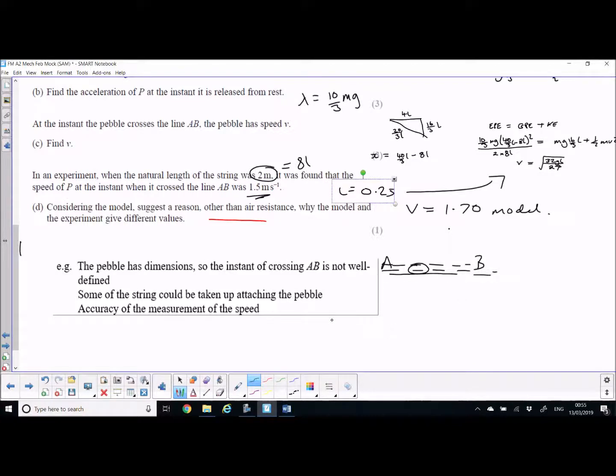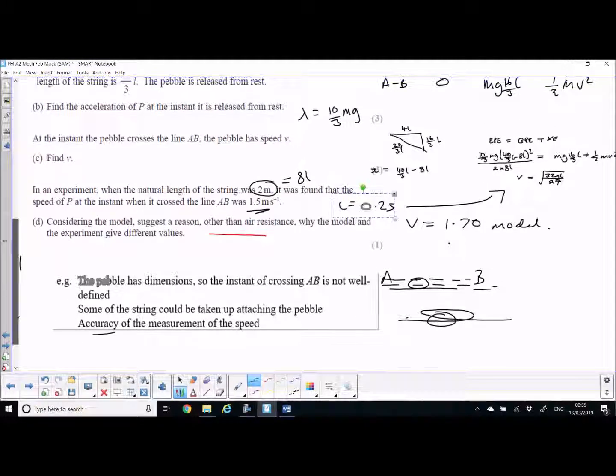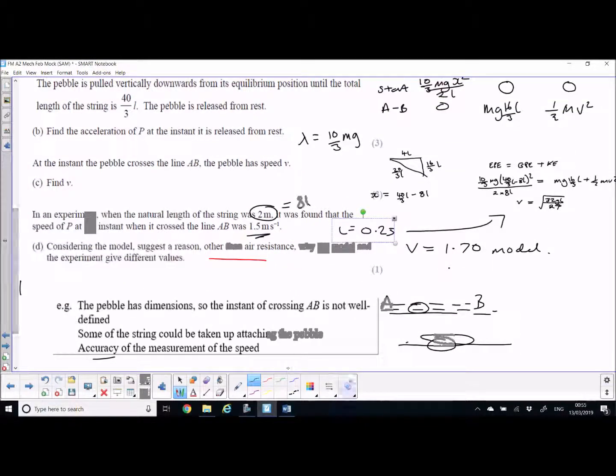So we could be measuring at the wrong point. We've also got to attach the pebble to the string, so that could use some of it up, and it also depends how accurate our measuring equipment was. So there are some sensible ones suggested. Anything else that a person marking your scripts or your teacher considered sensible would also be allowed.